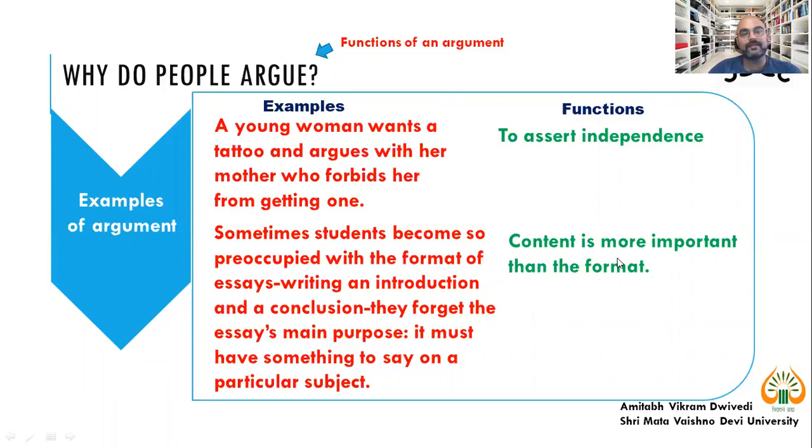Let's take another example. Sometimes students become so preoccupied with the format of essay writing, an introduction and a conclusion, that they forget the essay's main purpose. It must have something to say on a particular subject. Where do you find such sentences?